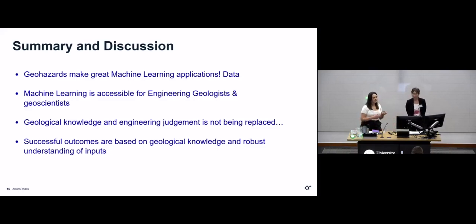I think so. I found it difficult when I was doing it to look for UK case studies, because for some of the geohazards we're looking at, landslides and things, in the UK it's either already been done. There's some good research by the BGS where they've got a landslide database, and they did random forest and got some good outcomes.